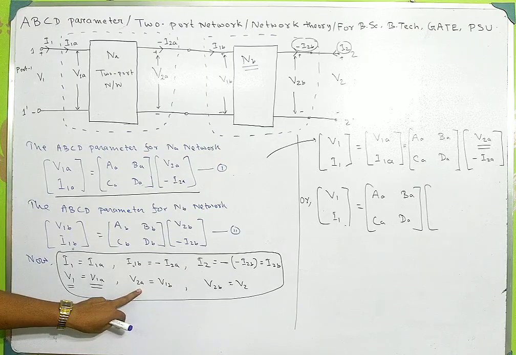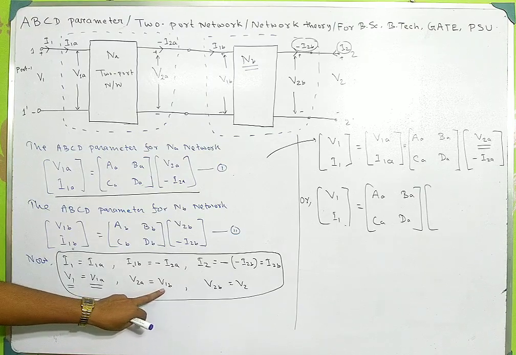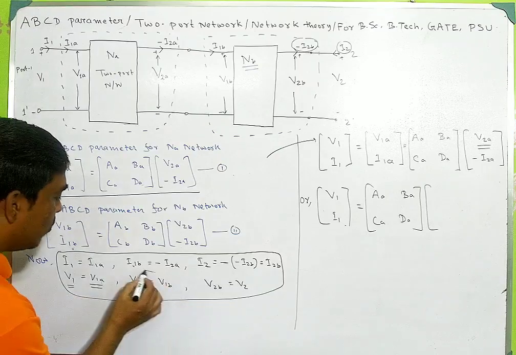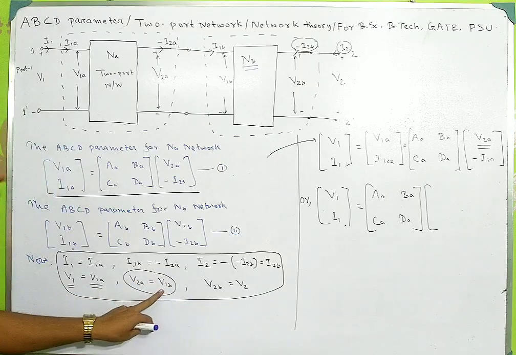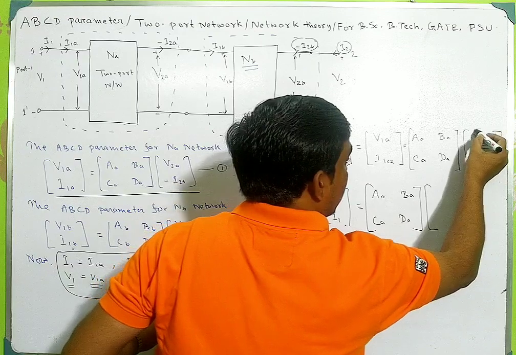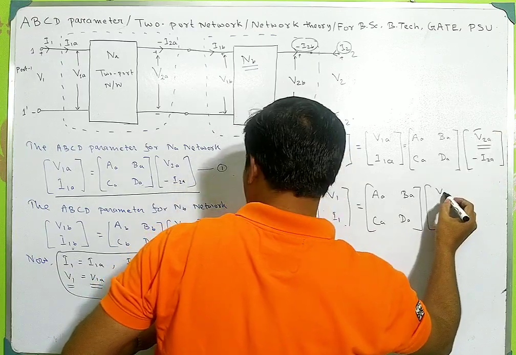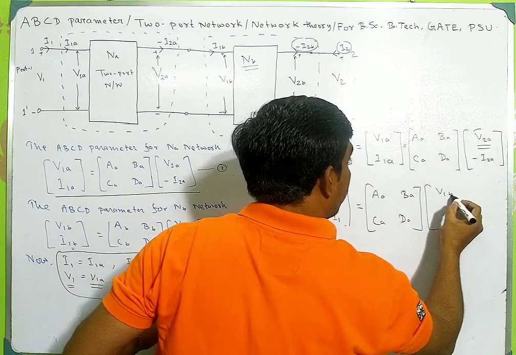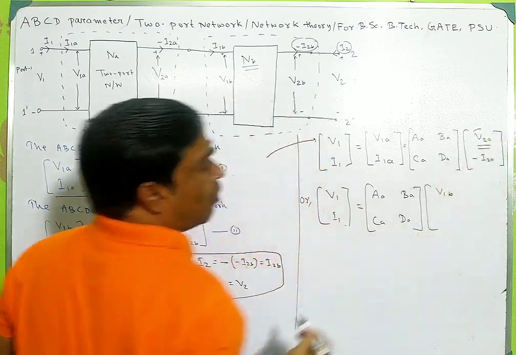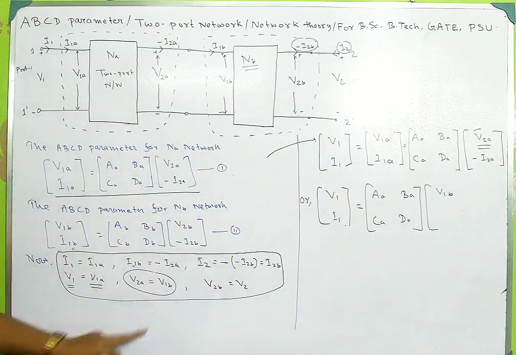V2A can be written as V1B. So from this equation we can write V1B in the position of V2A.